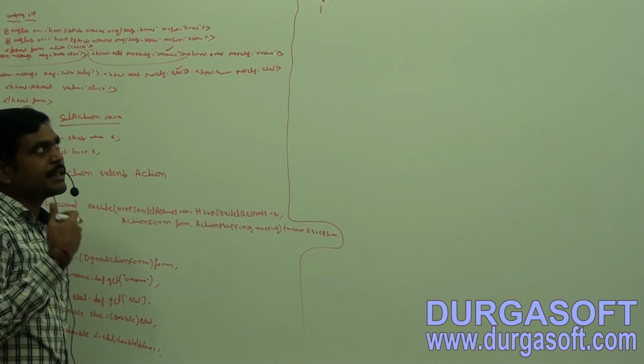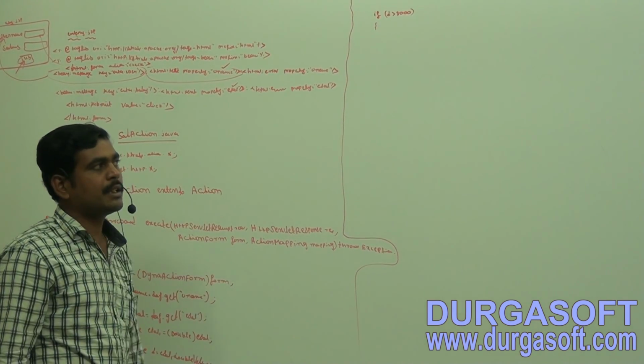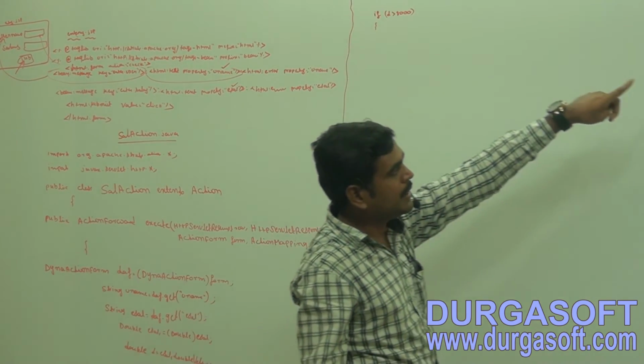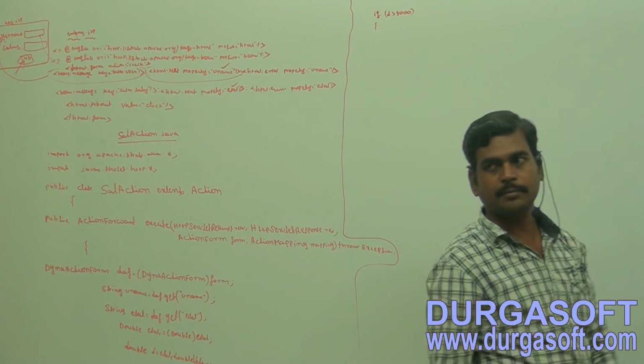If the salary is above 8,000, then we show the message salary invalid. I want to display this 8,000, whatever value we enter, that value is going to be replaced here.